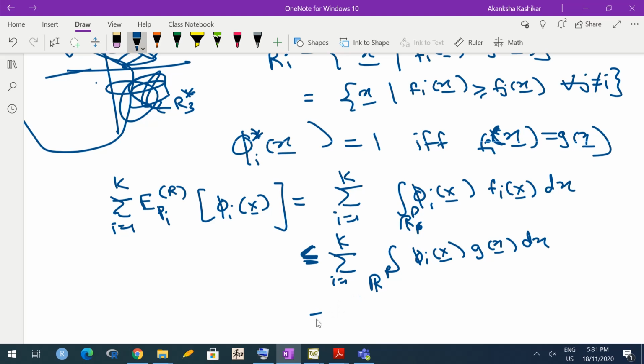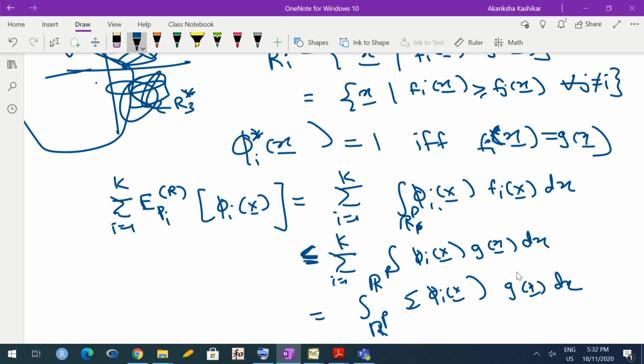Okay. Now this is equal to the integral over R^p of the sum over i of phi i(x) times G(x) dx. The summation of phi i(x) can go inside now. I couldn't bring this earlier, because I would have had the summation over i of phi i(x) fi(x), and I don't know its value.